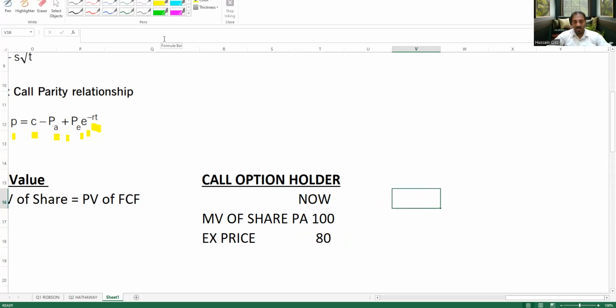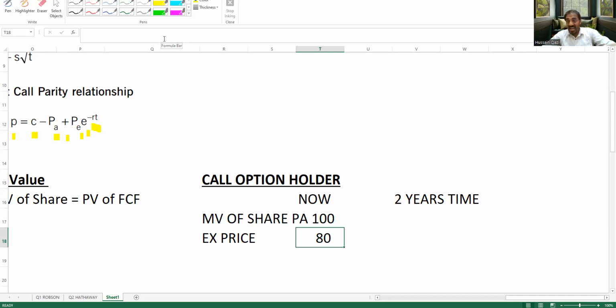And you have, for example, 2 years time. Let's suppose one example, 2 years time. You must reply to me: when you have an actual right to exercise at this price 80, when will the 80 be spent out of your pocket, now or after 2 years? Very good.